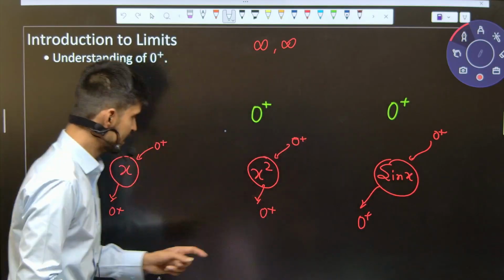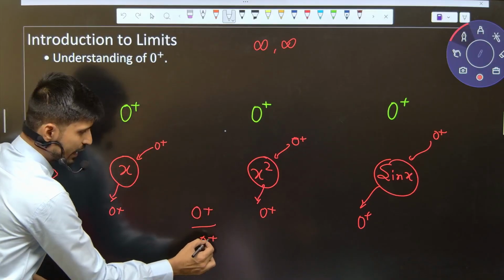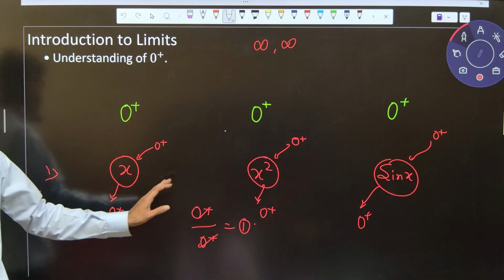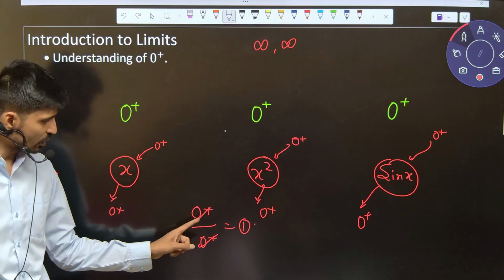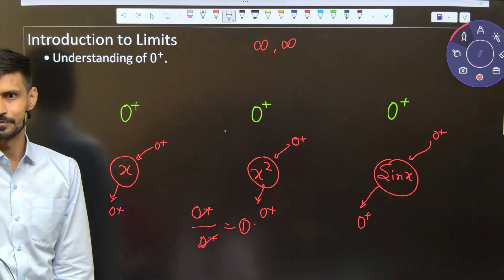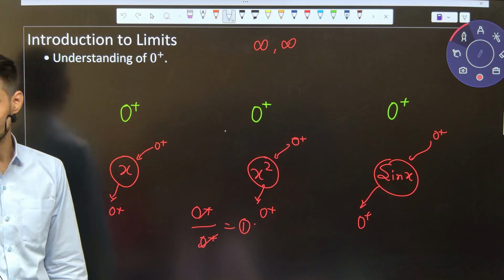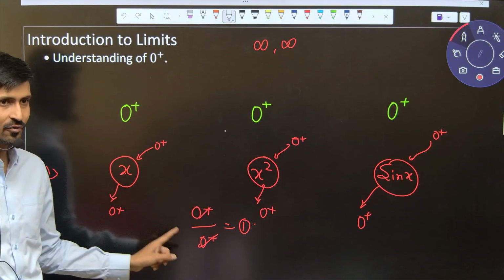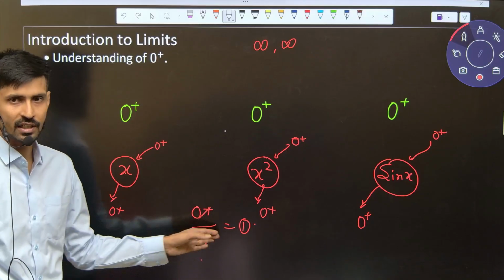So suppose I say this 0 plus divided by this 0 plus. You cannot cut and say, sir, that is 1. For this purpose I am teaching you all this calculation. You can cut 0 plus only when both 0 plus are the same. But if this 0 plus is generated from x square and this 0 plus is generated from x, you cannot cut and say both 0 plus are the same and it will become 1.